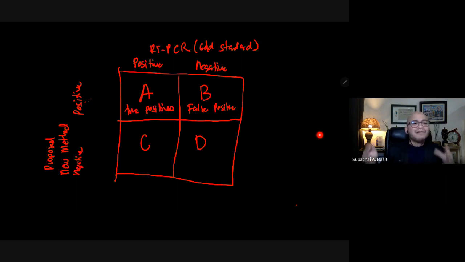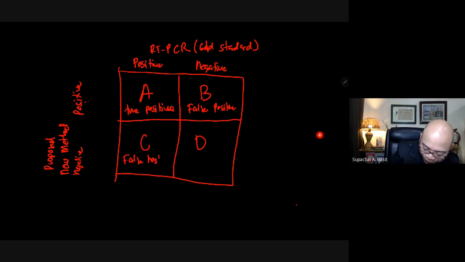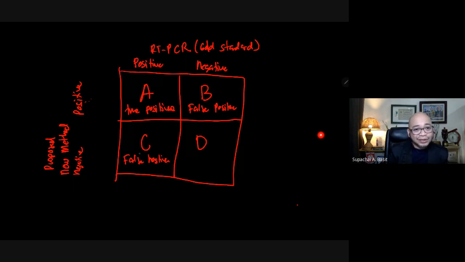Okay. How about letter C? Letter C is the people who get false negative. What do you mean? It means that these people are positive with RT-PCR. However, in the proposed new method of test that you are doing, these people get negative result. So, this is false negative.